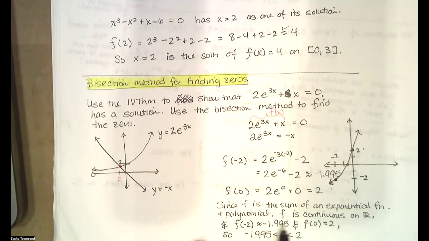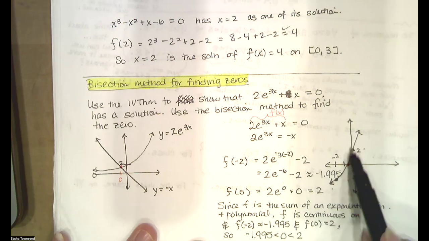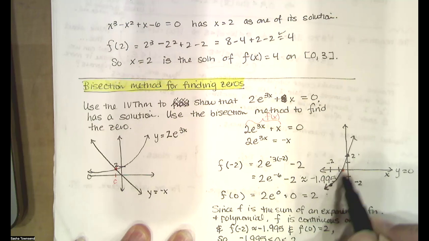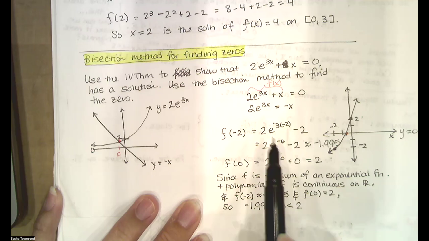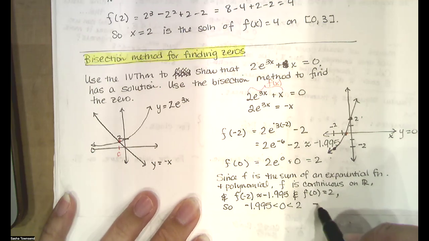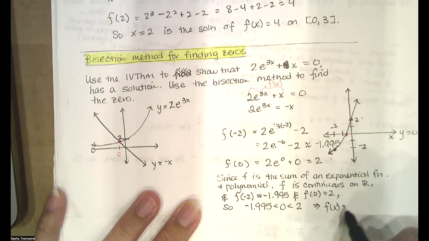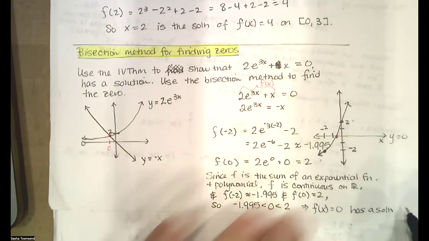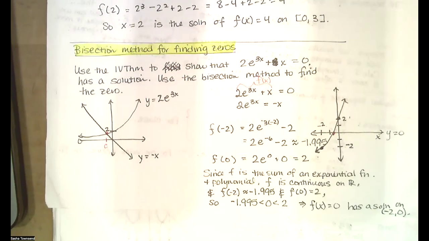Since our k is in between those two values and the function is continuous, then we have to pass through y equals 0. And again, y equals 0 is the x-axis. So the theorem says that provided all those things are true, then the equation has a solution on the interval of interest. And the interval that we came up with was negative 2, 0.